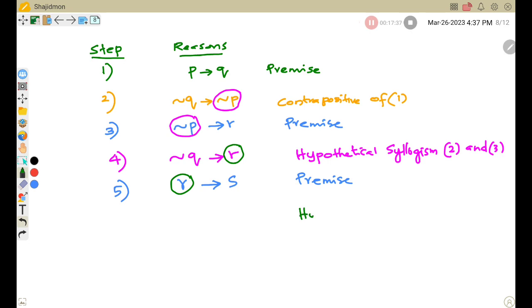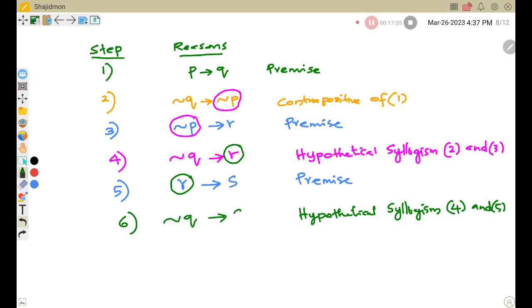So again we are using hypothetical syllogism in steps 4 and 5. What answer are we getting in the sixth step? Negation of Q implies S, correct? This is our conclusion.